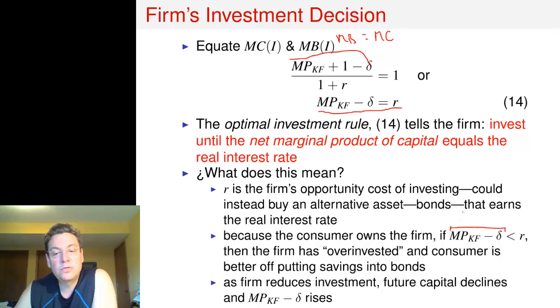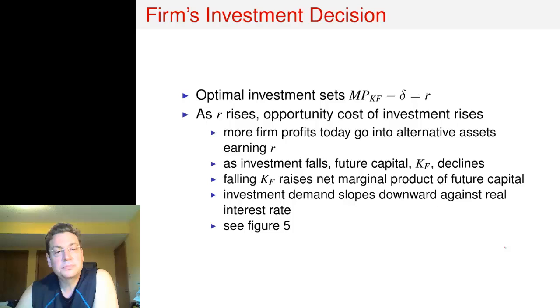As the firm reduces investment, that means that future capital is going to be lower, and therefore the marginal product of capital in the future will rise. And they'll do this up to the point where this holds with equality.